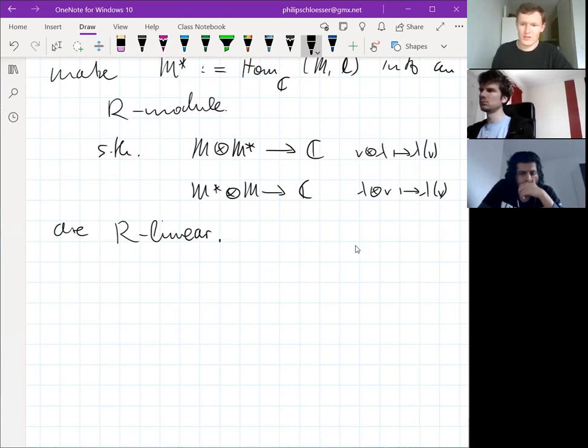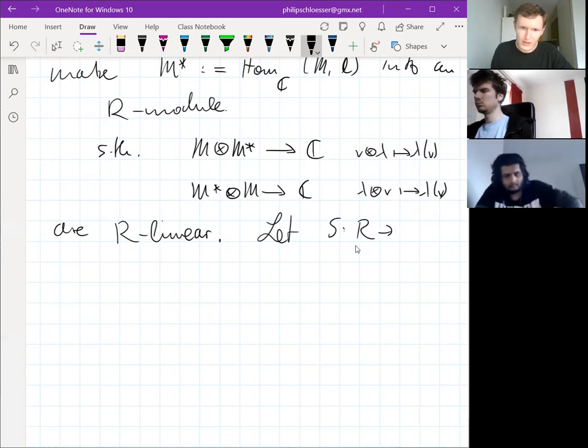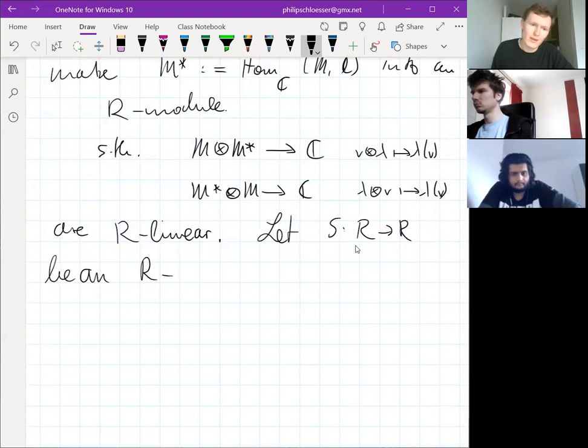The thing is, that doesn't really work that well. But we can make do with something slightly different. Let S from R to R be not a homomorphism, but an anti-morphism.